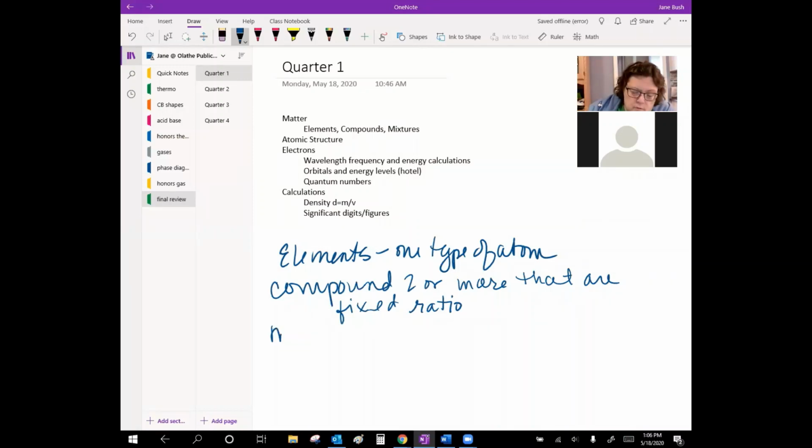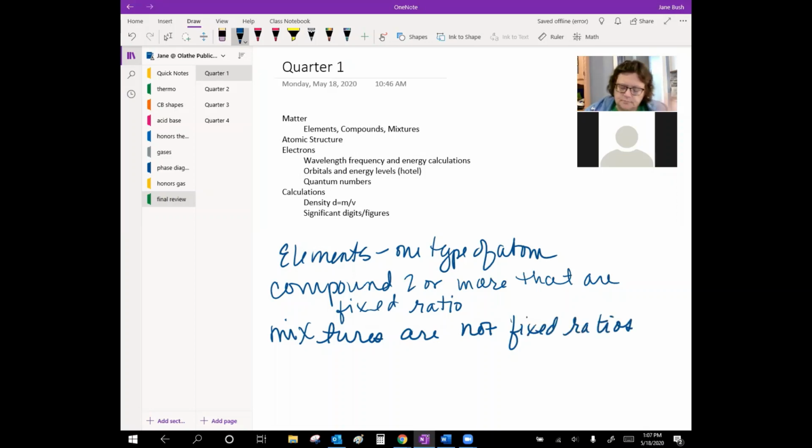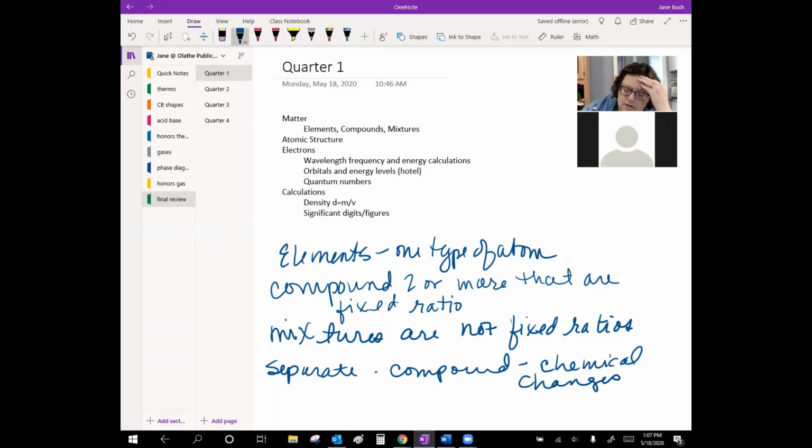And then mixtures, of course, hang on, I'm rearranging this, are not fixed. So if you want to separate an element, you can't, because it's only one thing. If you want to separate a compound, you use chemical changes, because you have new things forming.